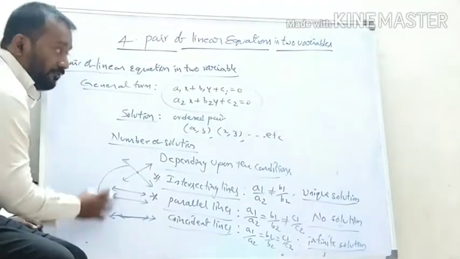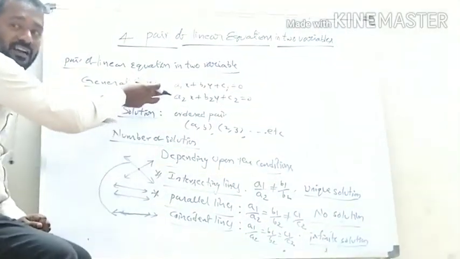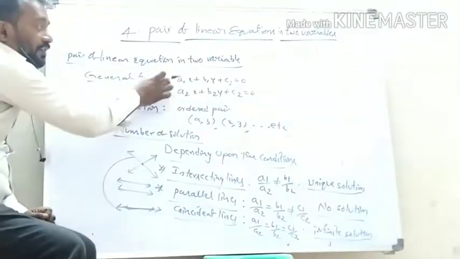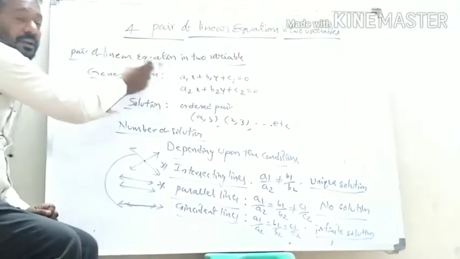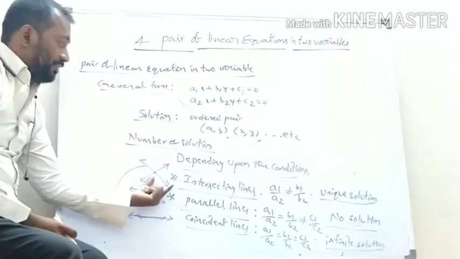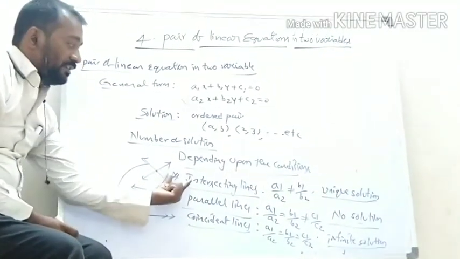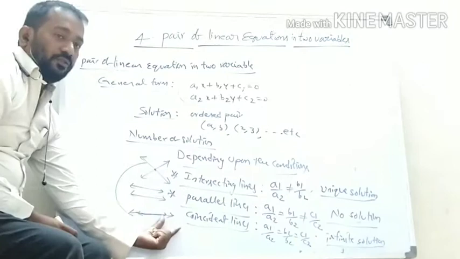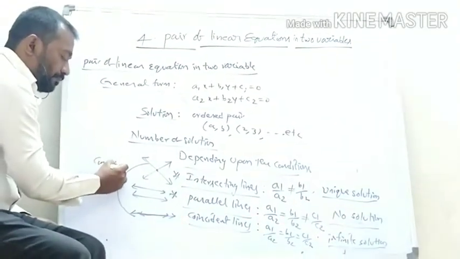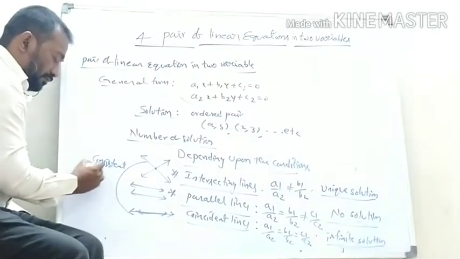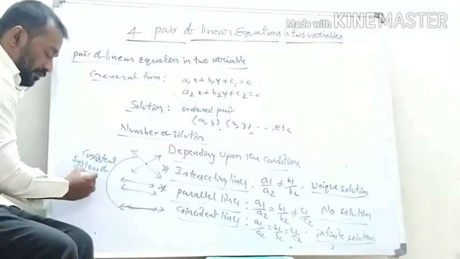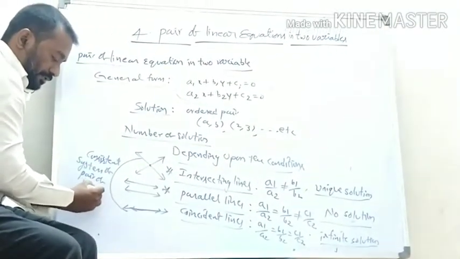Solutions are there. That's why these two are called a consistent system. A pair of equations under either intersecting lines or coincident lines, that system is called a consistent system of pair of linear equations.